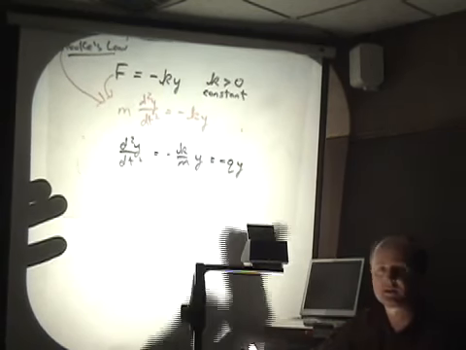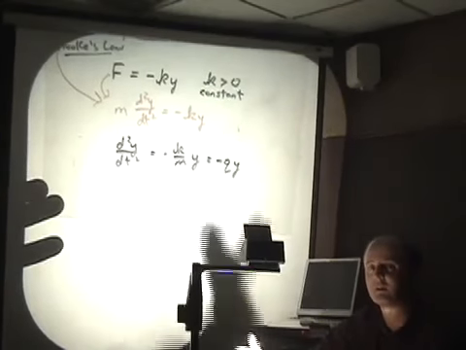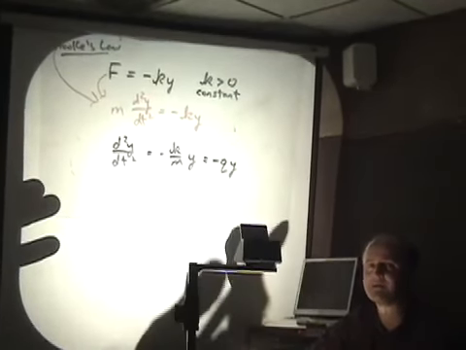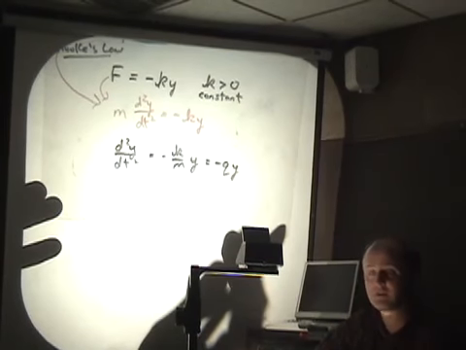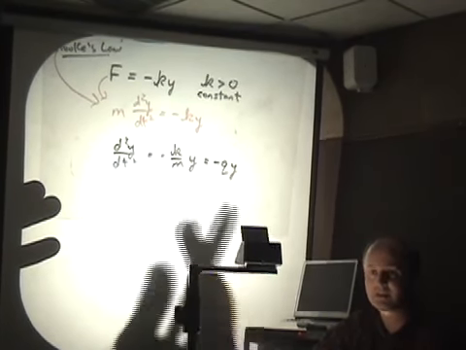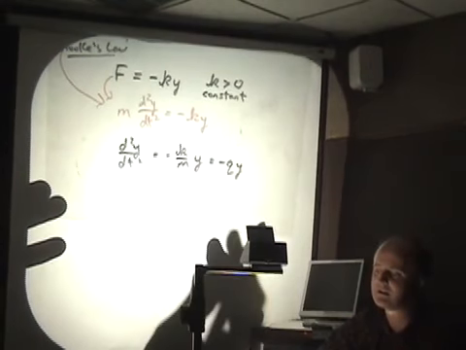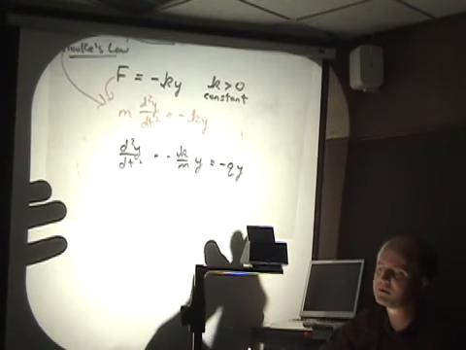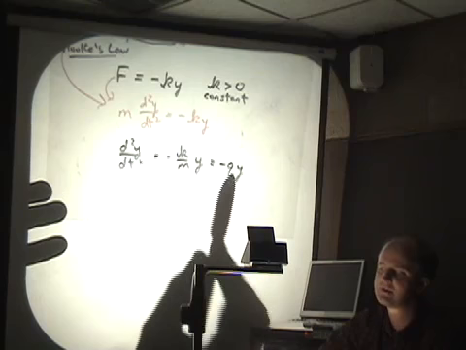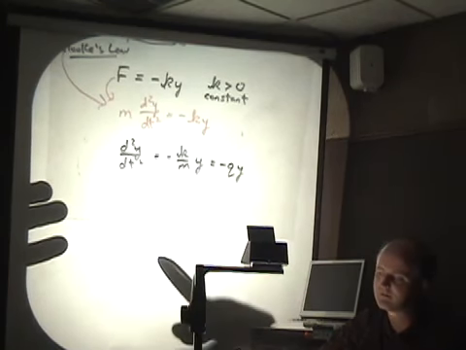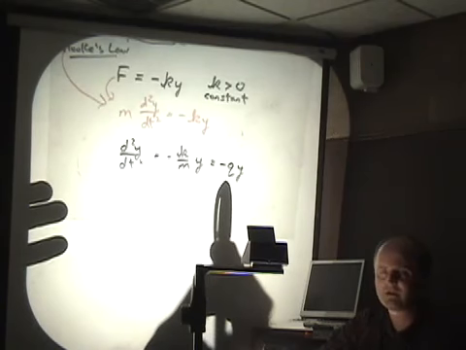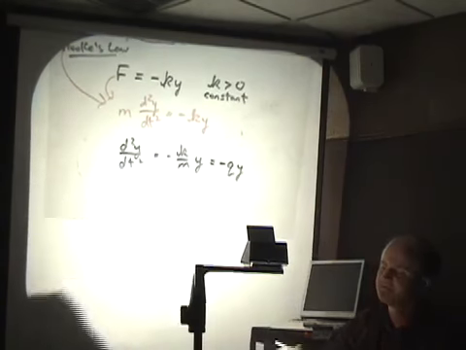Sine of t has a derivative of cosine of t, and therefore a second derivative of negative sine of t. And cosine of t has a derivative of negative sine of t, and then a second derivative of negative cosine of t. So both of those functions would satisfy this equation if the negative q were -1.